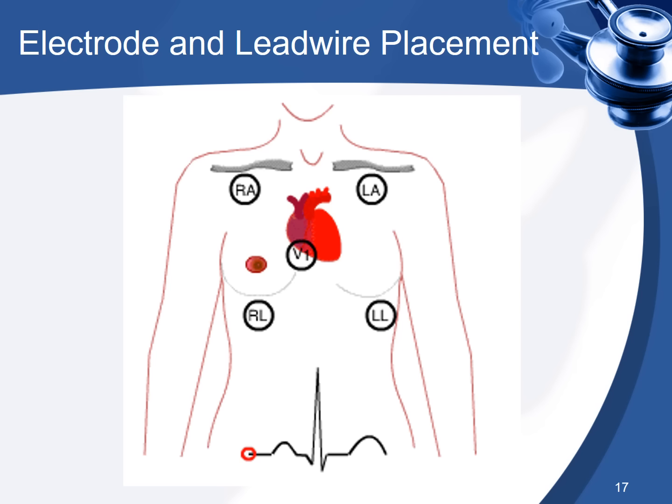You always want to bring it down, put it lower on the rib cage or on their abdomen. If your patient has a large round abdomen and they do a lot of belly breathing, you may have to move those left leg and right leg leads back towards their sides, or maybe even put them on their hip, because if you don't, you may have some artifact on your monitor.